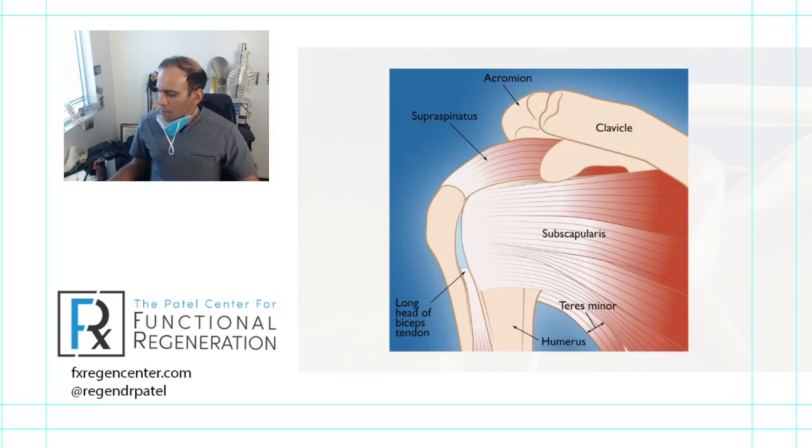Okay, but what is the bursa and what is the bursitis that can occur? Well, kind of cushioning the rotator cuff to the various different bones is a fluid-filled sac called a bursa. So we have a bursa that lines the rotator cuff underneath the acromion.